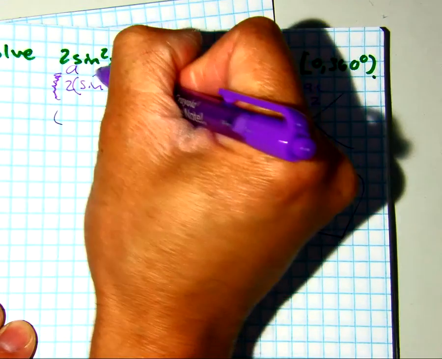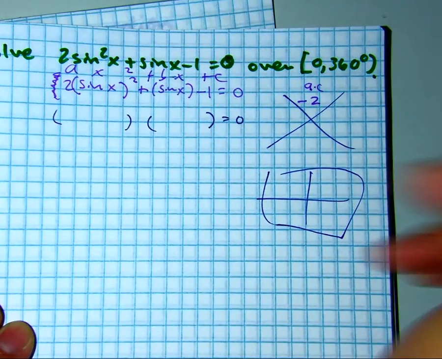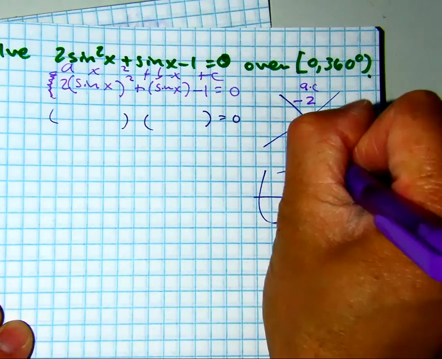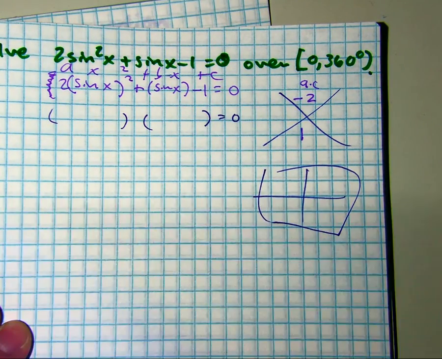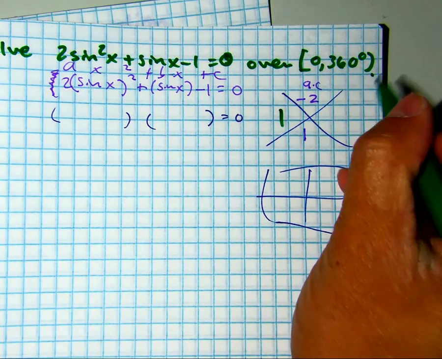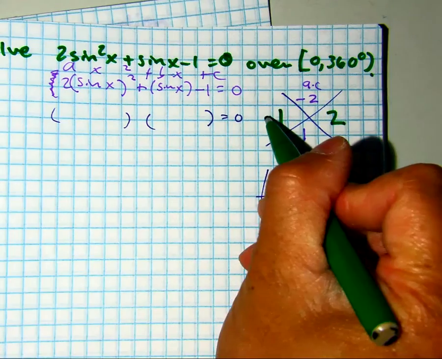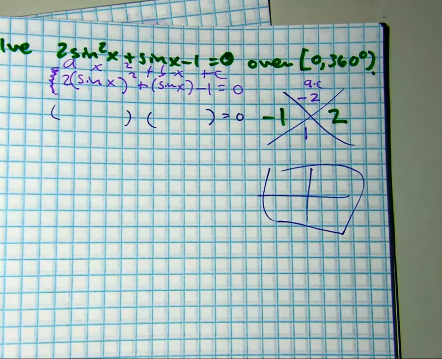Remember, quadratic standard form looks like that. And you said your B value is what? 1. Your 2 numbers? It's minus 1. These 2 numbers multiply to be minus 2, and these 2 add to be 1, correct?